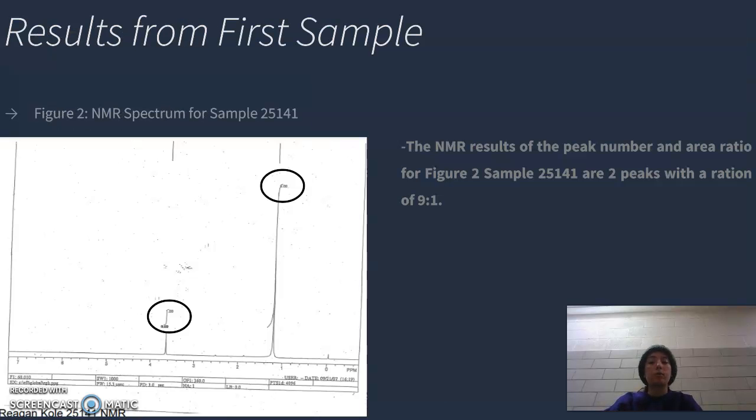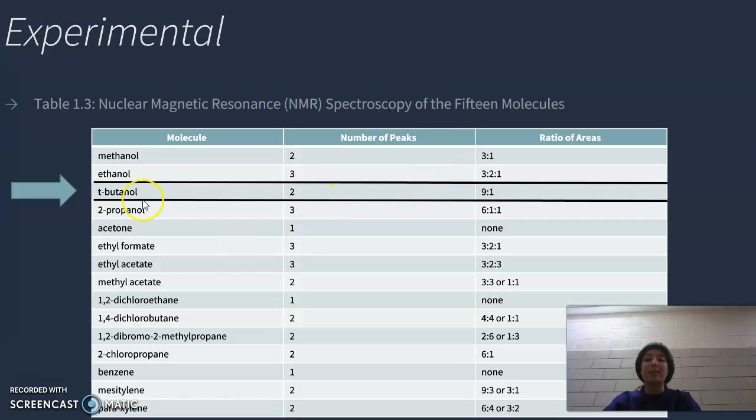Next was the NMR spectrum for sample 25141. You can see there are 2 peaks. This number faintly says 9 and this one says 1. So the ratio between these 2 is a 9-to-1 ratio with 2 peaks. Then we had to fill out this table for the NMR spectroscopy of the 15 different molecules that could possibly be our contaminant.